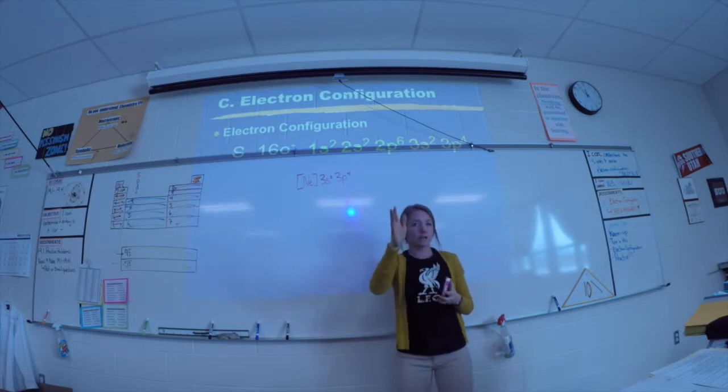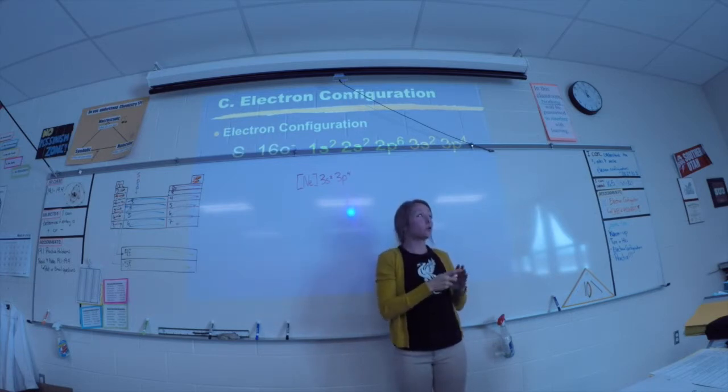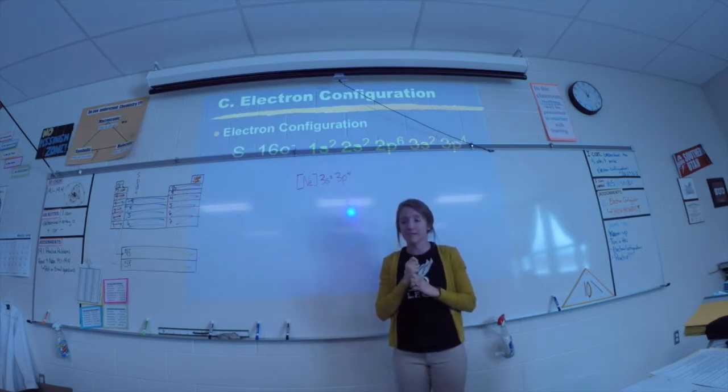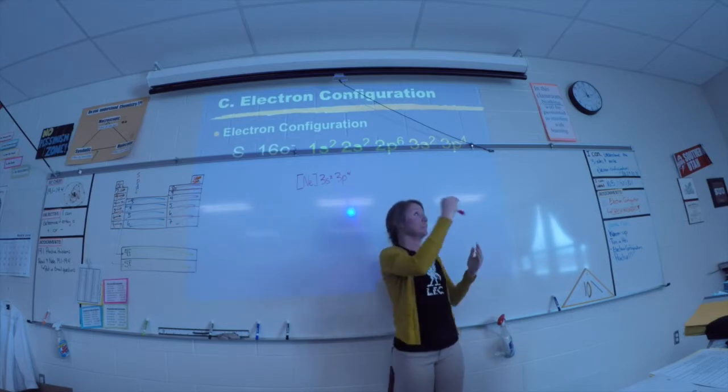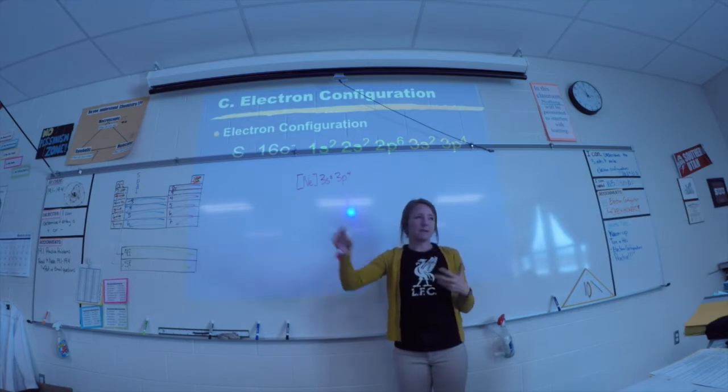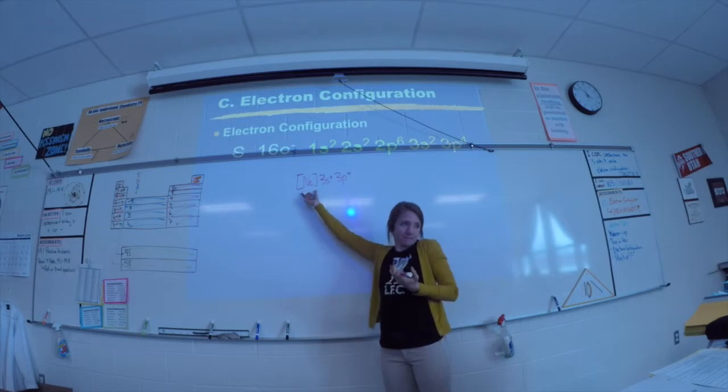So if I told you, I want you to write the electron configuration for krypton, Kr, you can't just put Kr in brackets and be done. Sorry. But you could put Ar in brackets and then just do the row after. Because we're trying to get information, and if you simply write something in brackets, that doesn't tell me anything.